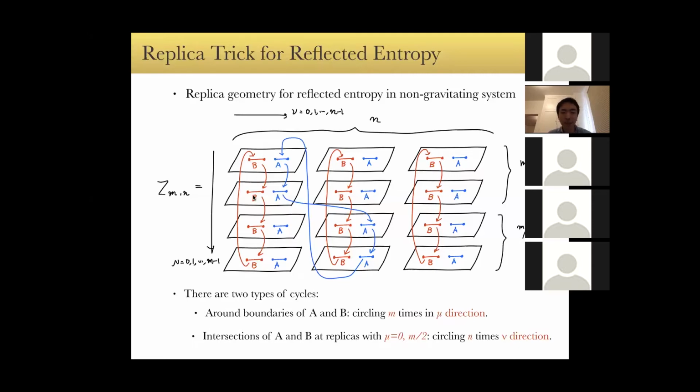But in some particular replica sheets, with mu equal to 0 or m/2, where mu is this direction and mu is this direction, you have to circle around in the new direction, and one has to go through the n different replica sheets.